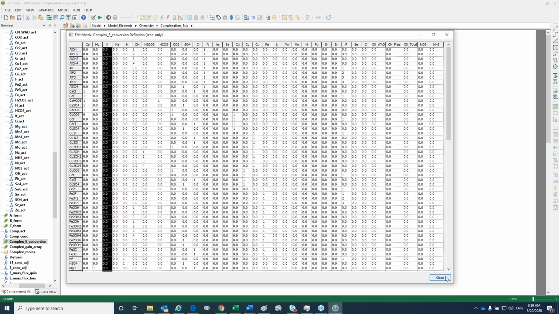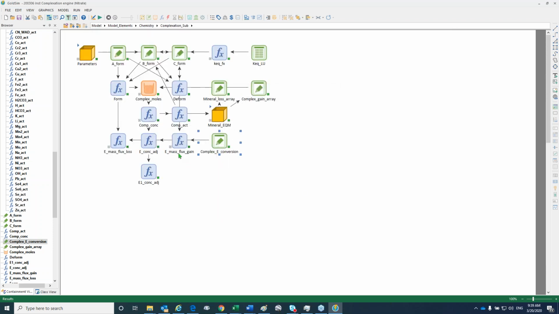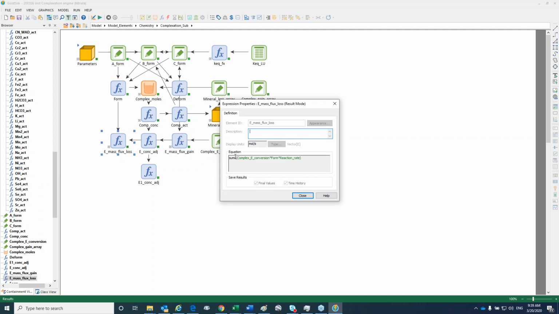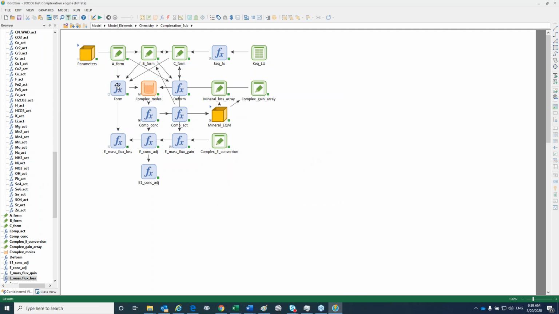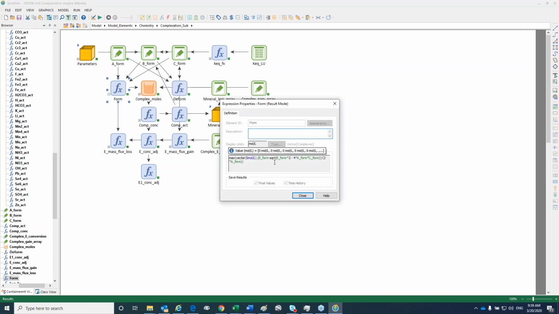And if you kind of understand why I'm doing that, then it's to account for the stoichiometric mass of conversion of an ionic species into a complex species. And the way that this works is basically all I'm going to be doing is taking the sum column for the complex E conversion multiplied by the form, which is the formation constant, which is what we calculated up here.